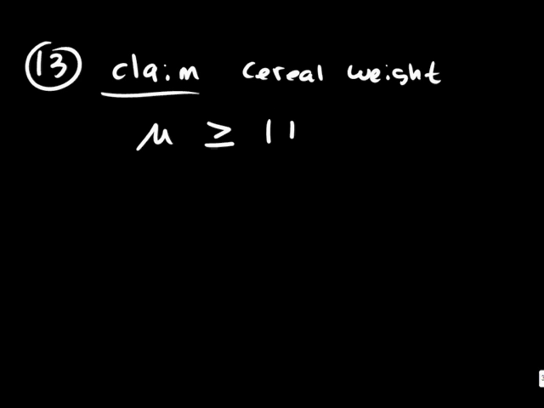We have a null and an alternate hypothesis. The null is greater than or equal to 14. The alternate is less than 14.